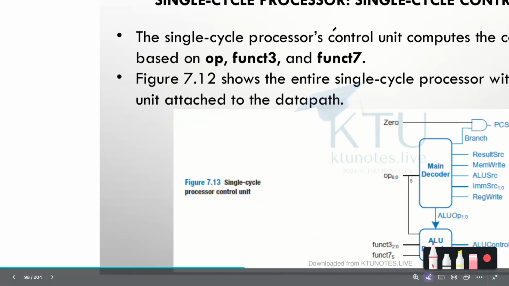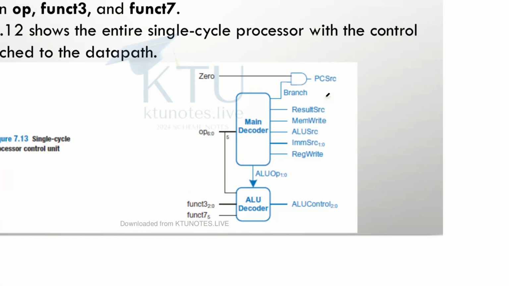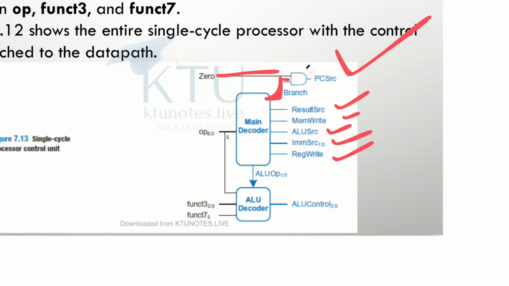Then I would recommend learning this diagram also. That is our result source, memwrite, regwrite, ALU source, immediate source, ALU control. Now my PCSrc is decided by what? My zero and branch. So branch is coming from here. This decides the PCSrc value. Now opcode is here. Function 3 and function 7 are used for doing the operation.